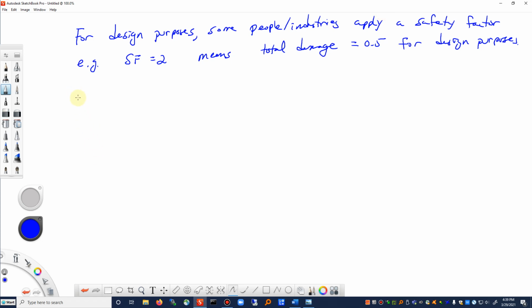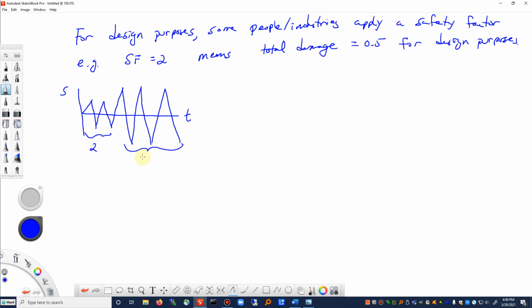We talked about our Miner's rule example previously, where if we looked at stress sigma versus time, maybe we could easily identify what I call block cycle loading, where maybe we have 2 cycles at this stress level and 3 cycles at that stress level. We can easily identify them as such.